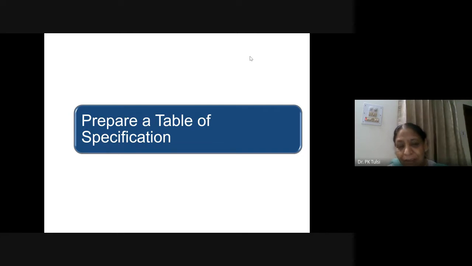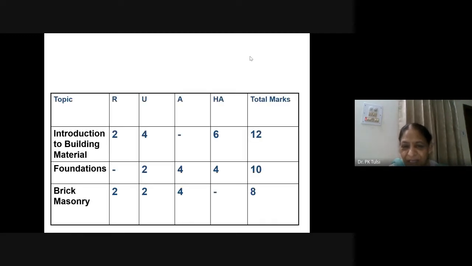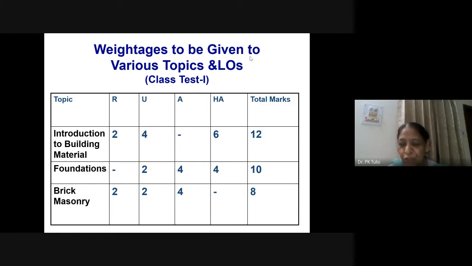Because to enhance the validity of the question paper, we need to have a balanced question paper. So here you can see 12 marks were to be given to topic 1.